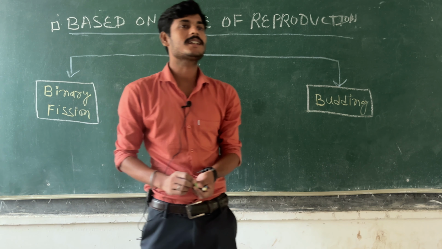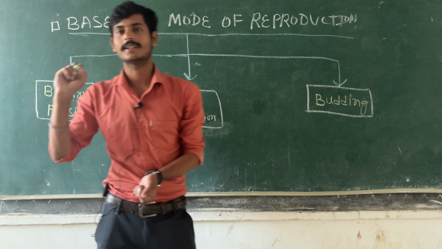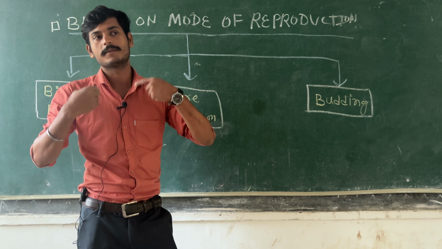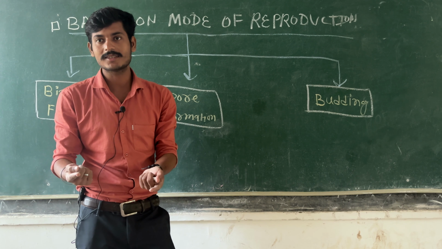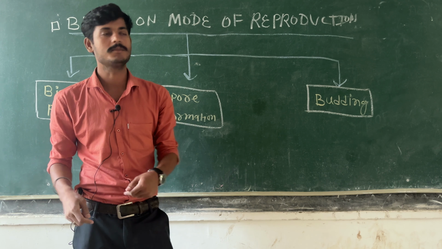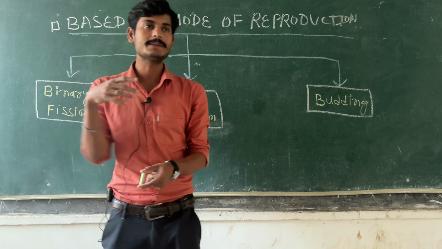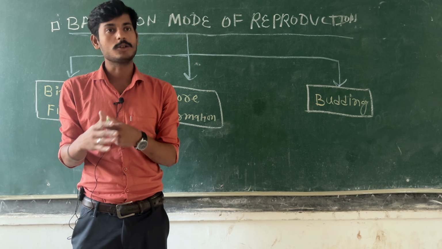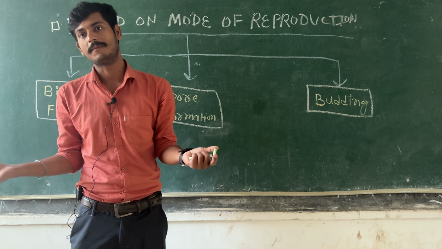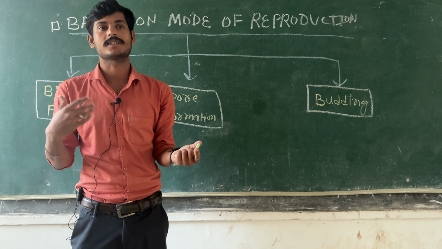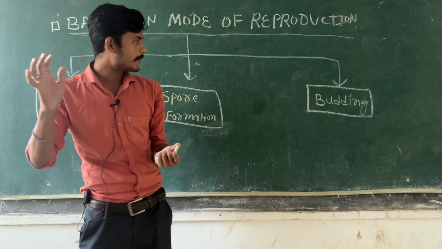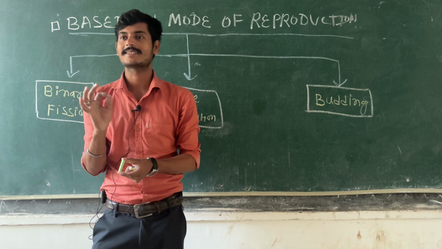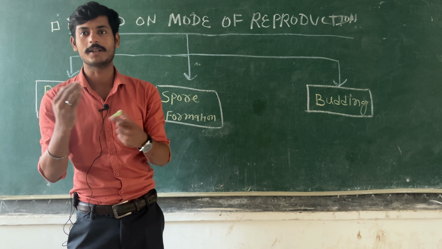So reproduction is basically a biological phenomenon by which we can reproduce young ones similar to us, in the sense that most of the things will be matching, but not everything. That's why we have variation. But in bacterial reproduction, they are producing exactly the same, a ditto carbon copy.